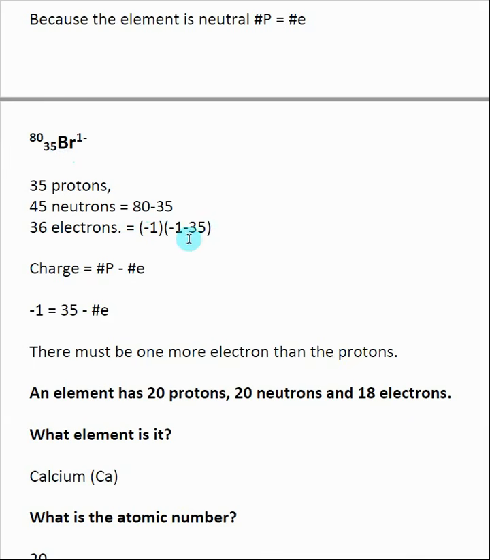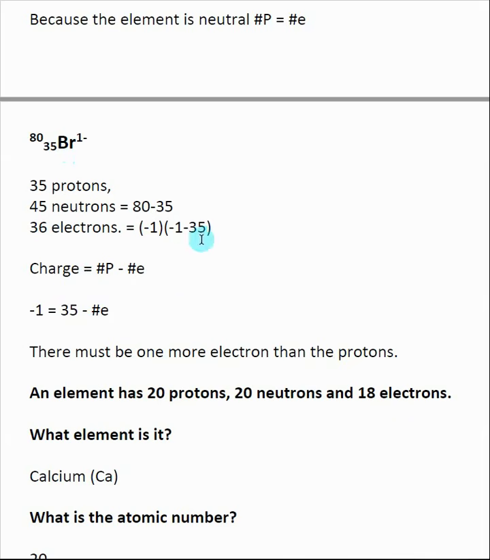So this is a formal way of looking at it. Another way of looking at it is that if this element was neutral, we would need to have 35 electrons, but it has a negative charge, which means that it has 1 more electron than it does protons. So we know that we have 36 electrons. That is kind of an easier way of thinking about it.